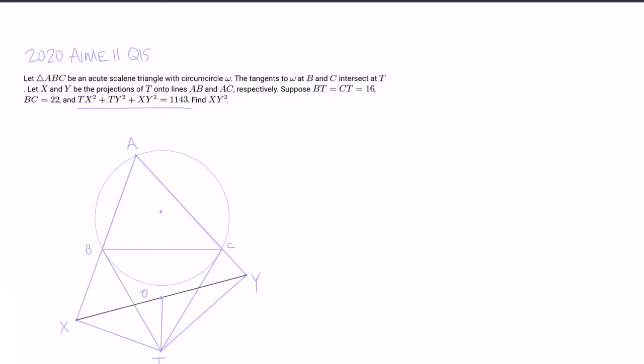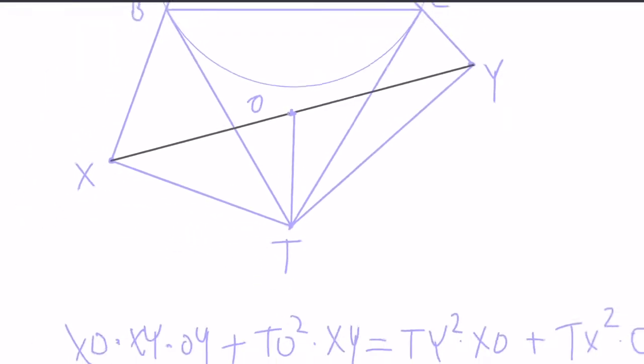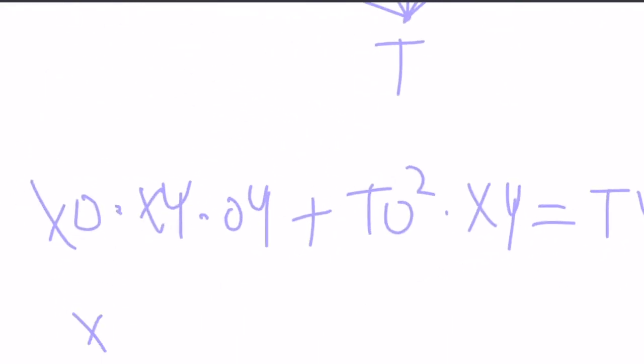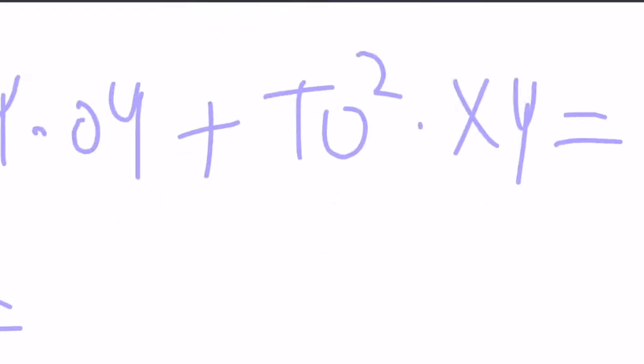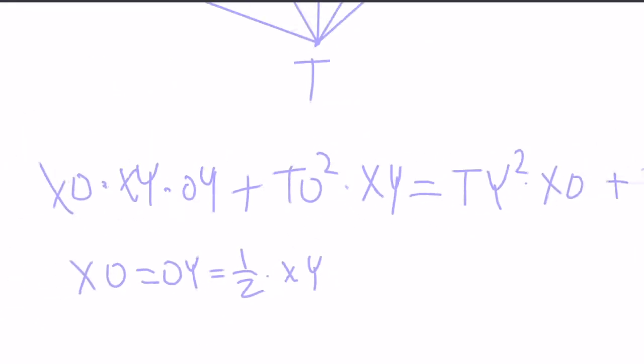We also have some relationships here, because we've specifically chosen O to be our midpoint. We have that XO is equal to OY, which is equal to 1/2 times XY.